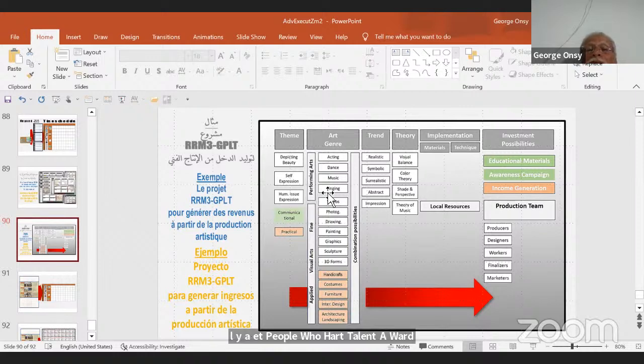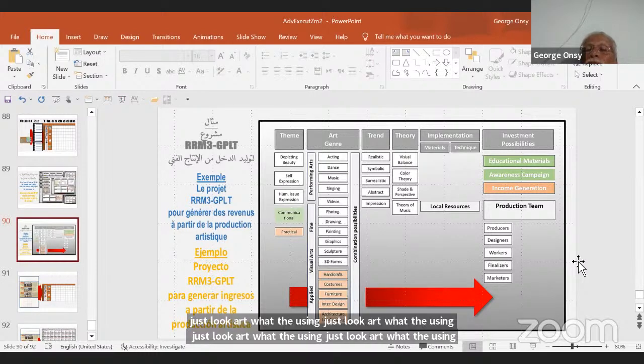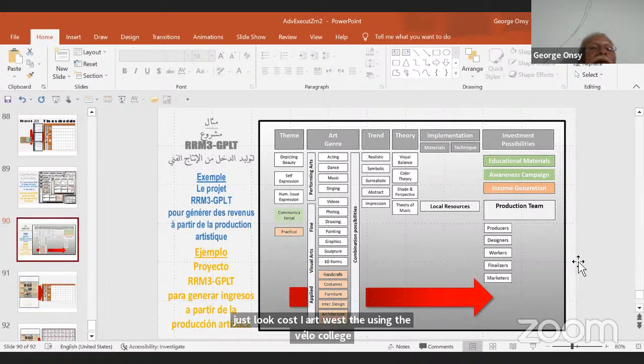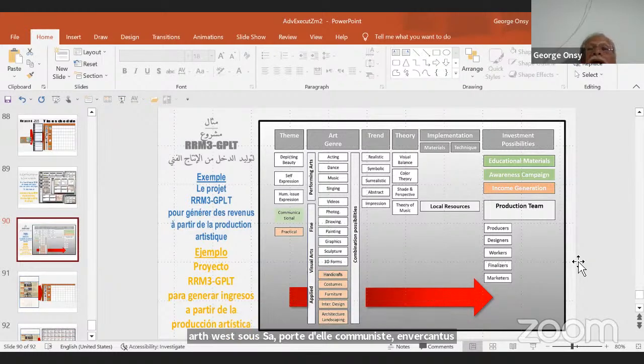And this is the line of producing very cheap artworks, using just low cost local materials, in order to export them and get money to support their communities and their countries. We'll talk about all that in details later.